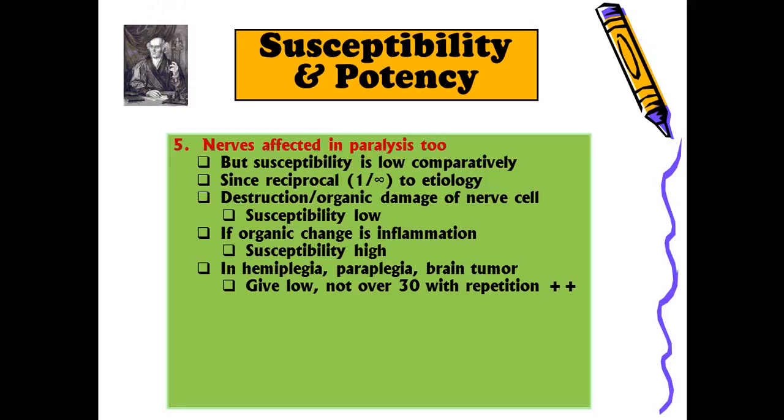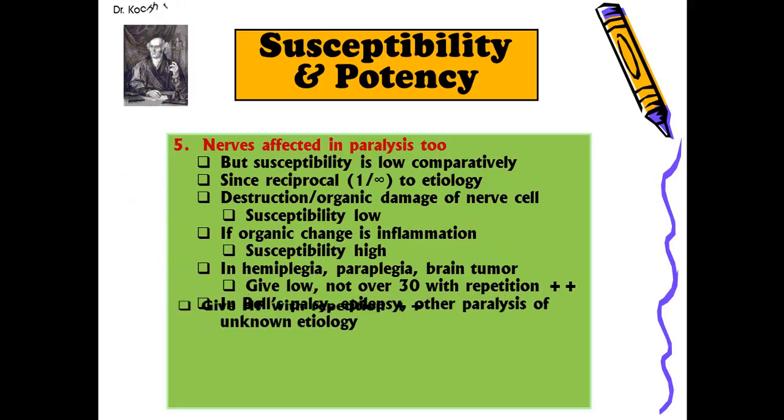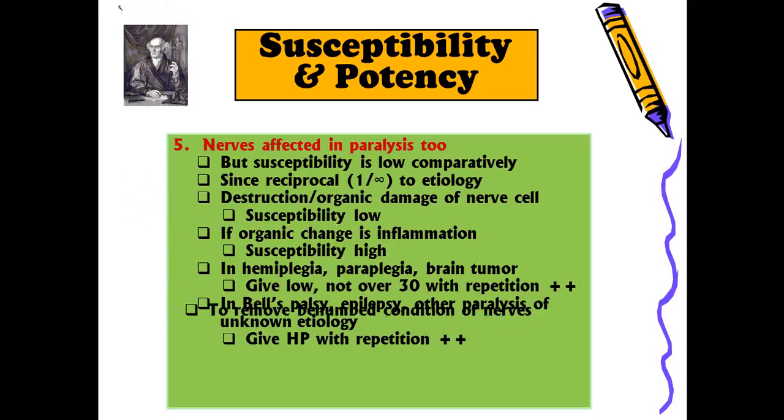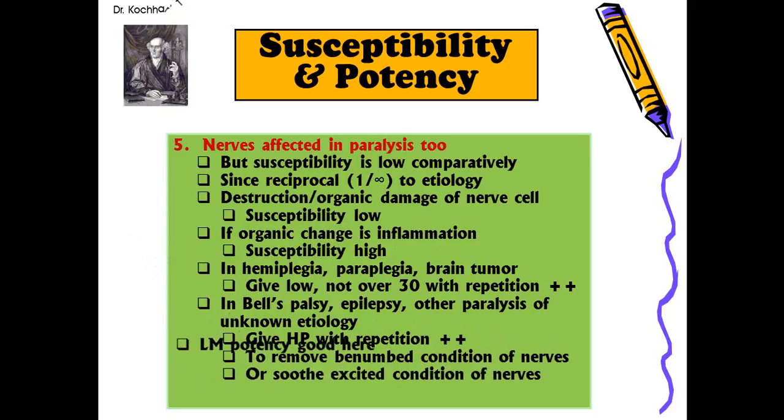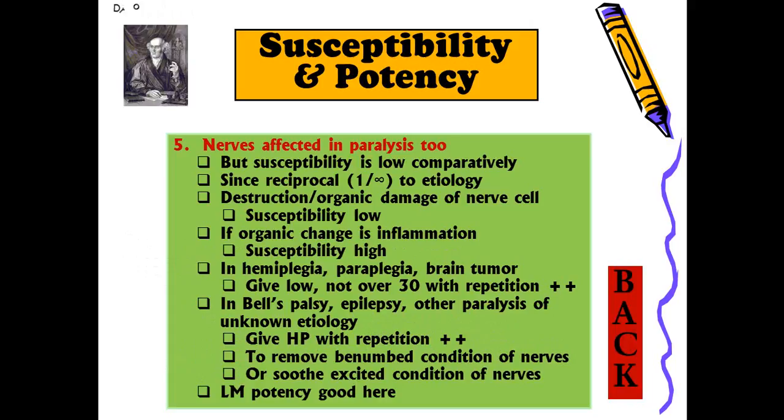So repeated low potency 30 doses in hemiplegia, paraplegia and brain tumor, whereas in Bell's palsy and other paralysis of unknown etiology, where cause is not known, give high potency with repetition. Repetition is required here also, but of high potency to remove the benumbed condition of nerves.